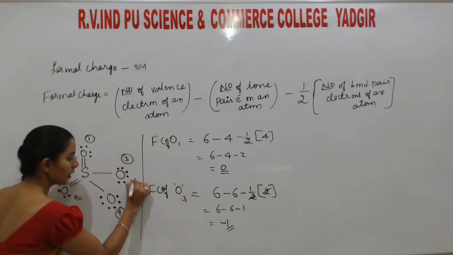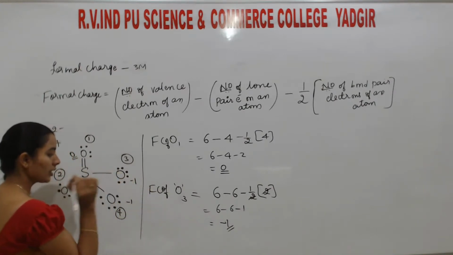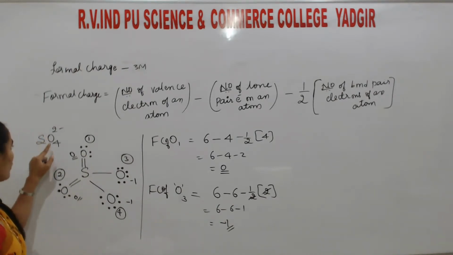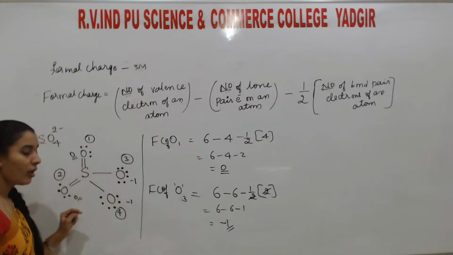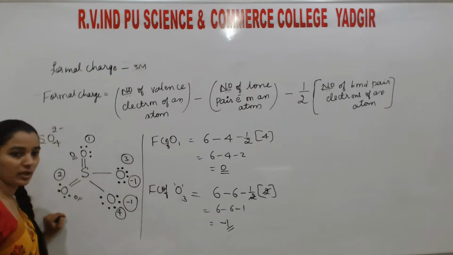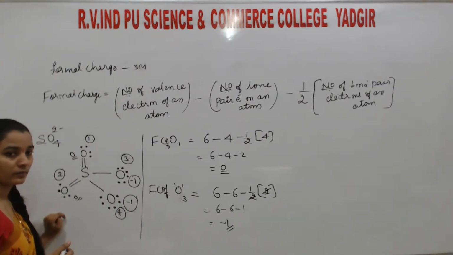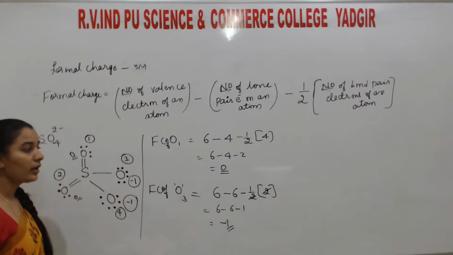So here the net charge is minus 1. These two are similar, so here also minus 1. That's why this molecule is SO4 2 minus. Even though 4 oxygen atoms are there, only on 2 oxygen atoms is there a minus charge. This is how to assign a formal charge for an atom.